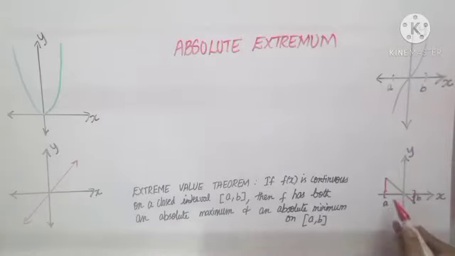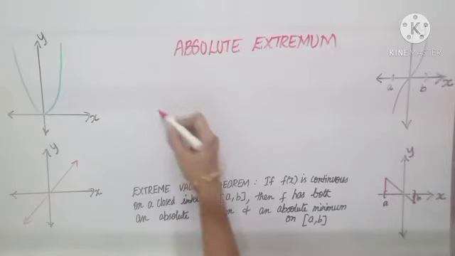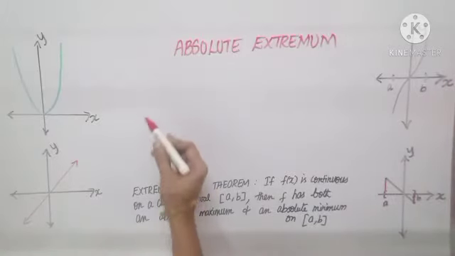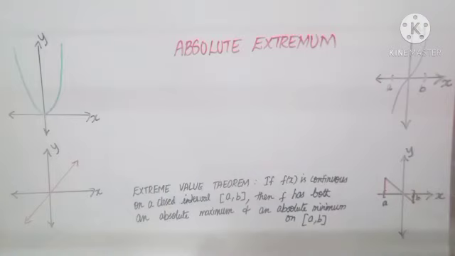Look at this problem. You have a maximum, you have a minimum. It is not necessary that it must come only at the end points. It can be anywhere in the middle also. Suppose you have a curve like this. Any other point also can be a maximum.